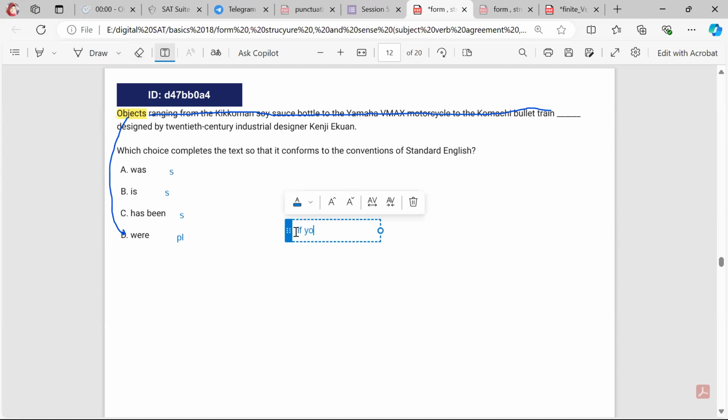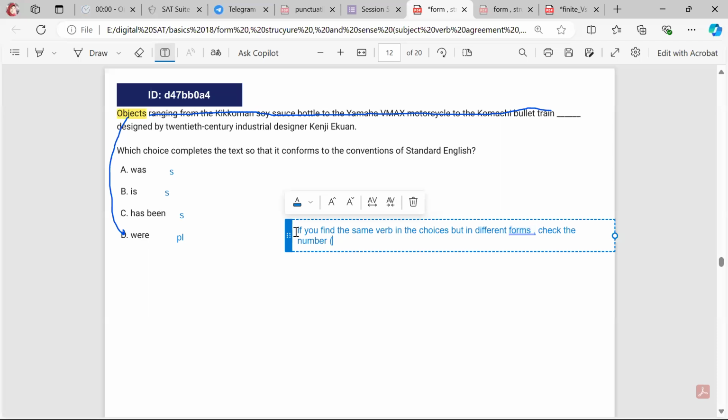Okay, so let me wrap up what I said. Yalla, write this, please. That's the summary of our session now. If you find the same verb in the choices, but in different forms, check the number, whether it's singular or plural.